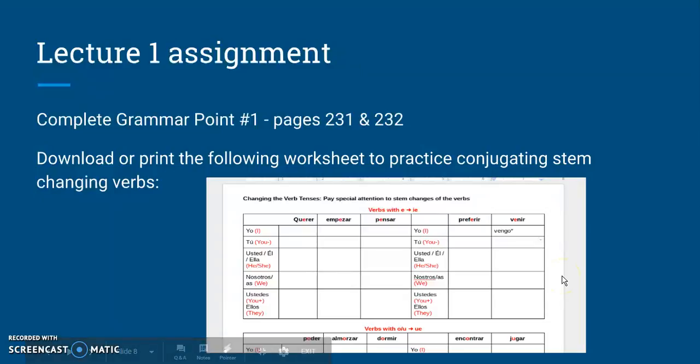I strongly believe in handwriting things because it helps your mind pace yourself the way you're writing so you're going through the material better. So you can download this, or I put it as a PDF if you want to print it, or I also put it as a Word document, so you can go ahead and type in the stuff. This is just a way for you to look at the conjugation and stem changes.